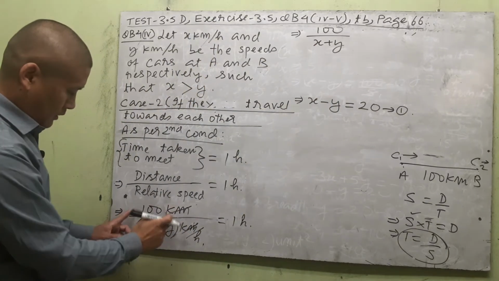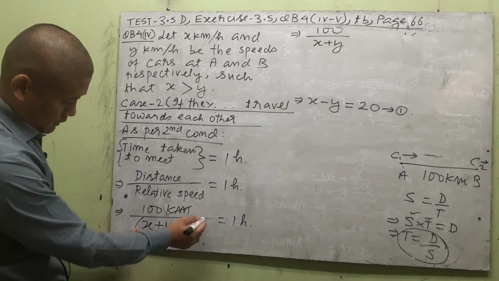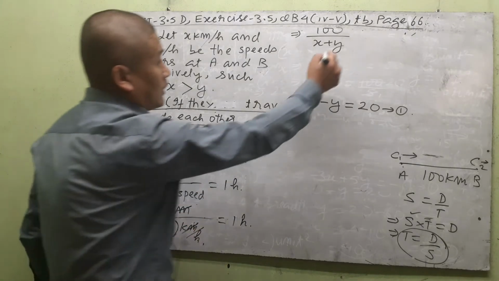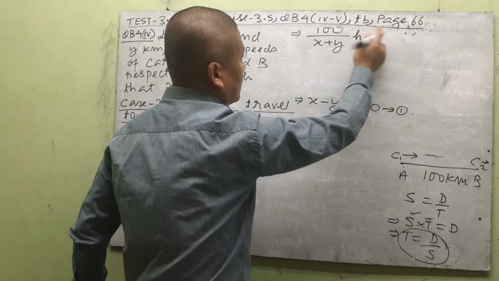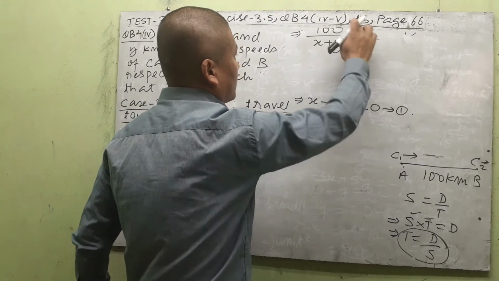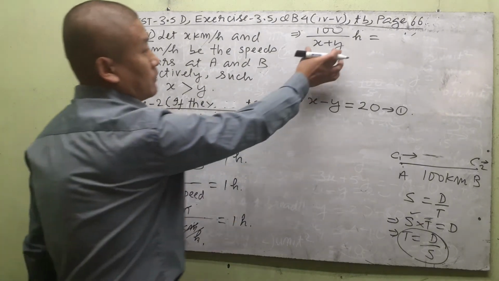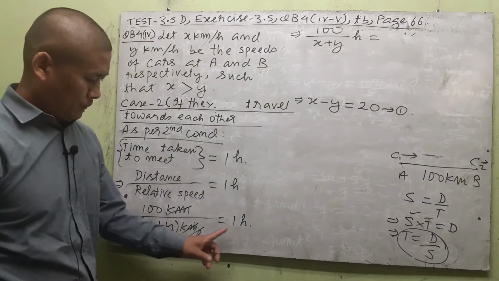Then this divided by changes to multiplication, and down here hour will go up to the numerator. Down hour has come up, and up here x plus y will go down. So here it is equal to 1 hour.